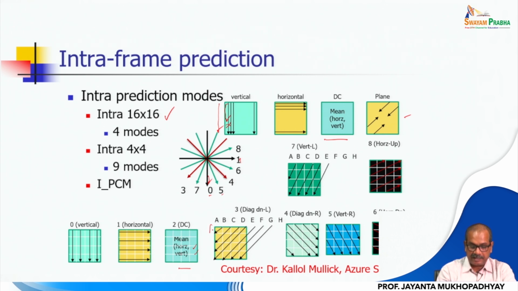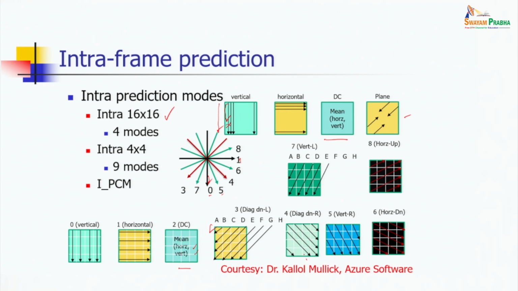ABCD is scanned in this way. This is the direction of prediction. In this scanning, the past pixels, the pixels which appear before the others, are used for predicting the other pixels. This is the other mode, and it is explained. Whereas IPCM directly encodes values, which means we do not use any prediction.